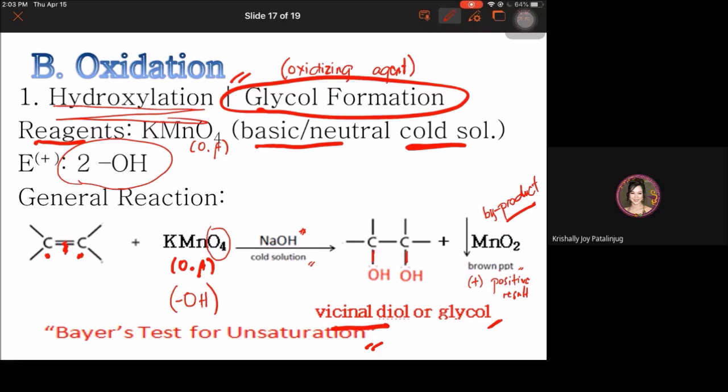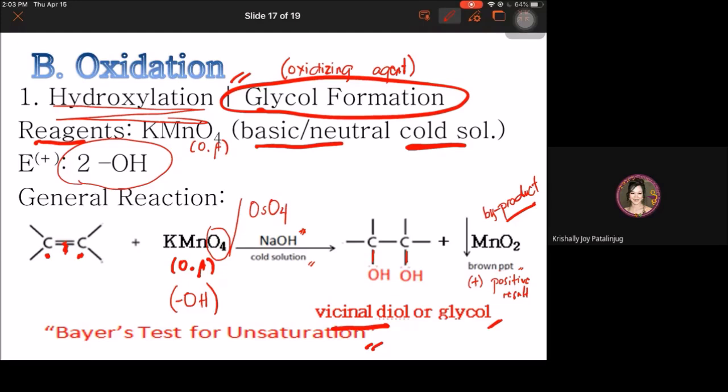Now, in some other reactions, instead of potassium permanganate, they usually use osmium tetraoxide. So you can use that instead of potassium permanganate. Then sodium hydroxide is still the base used to make the environment basic, and the solution is still cold.